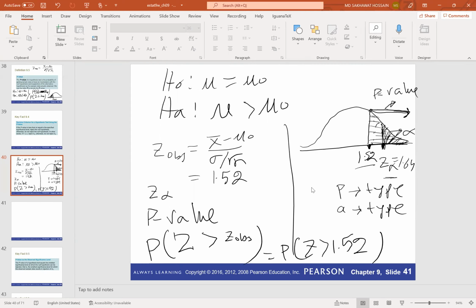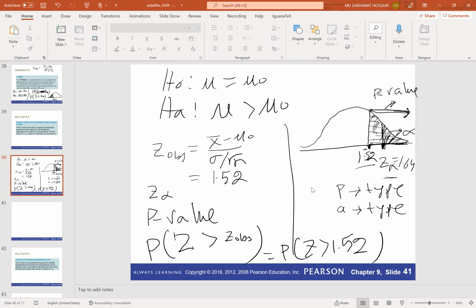So that means if you compare p-value and alpha, if p-value is larger than alpha, then we fail to reject null. And you can see here why p-value is larger, because p is outside the rejection region. So actually it contains more area, right?